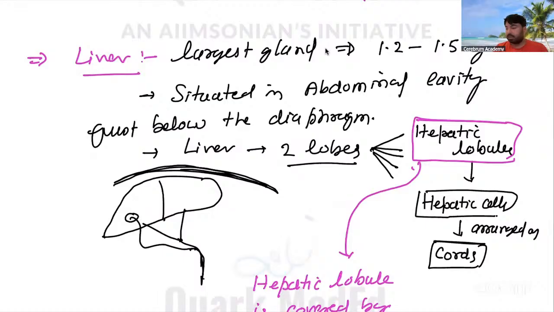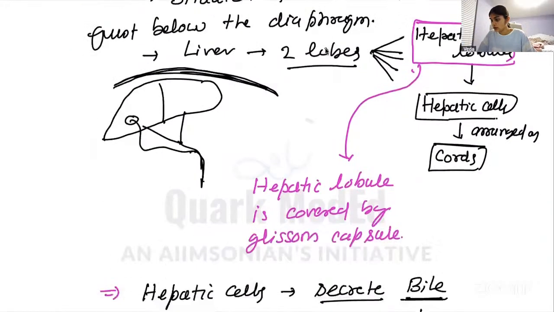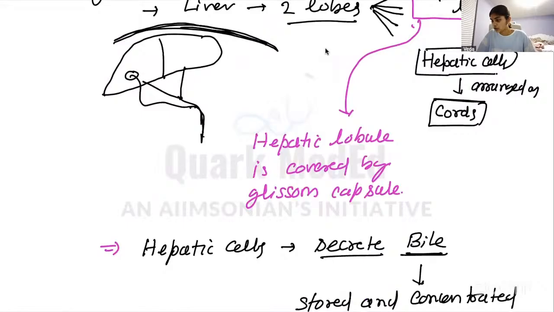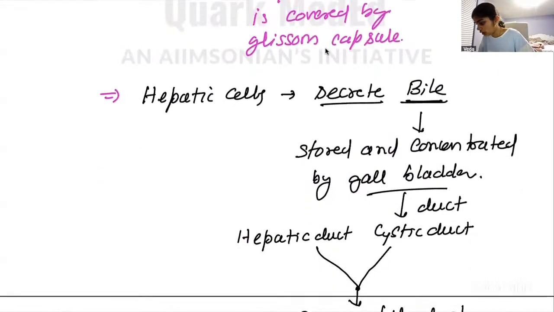They secrete bile, which is stored and concentrated by the gallbladder.